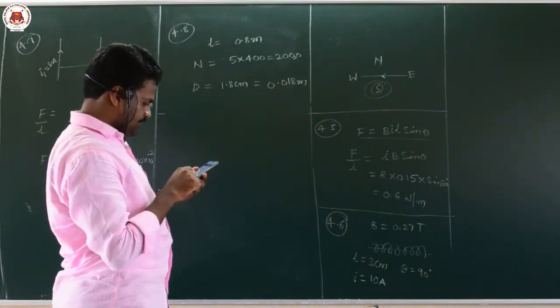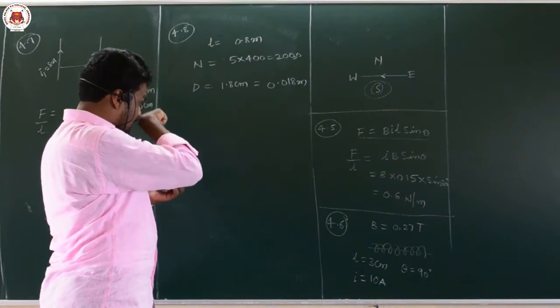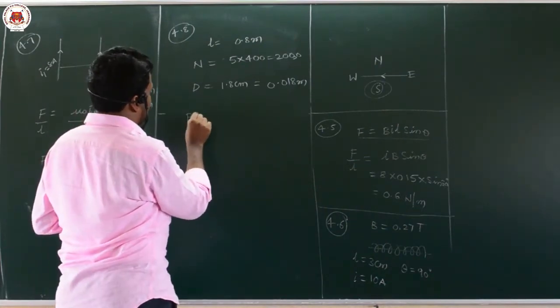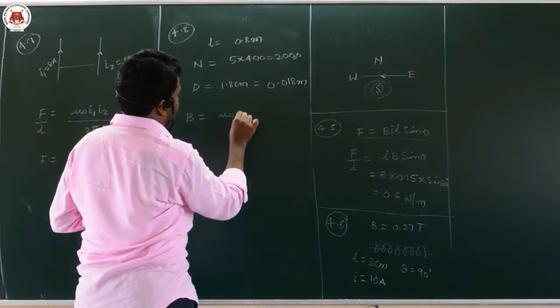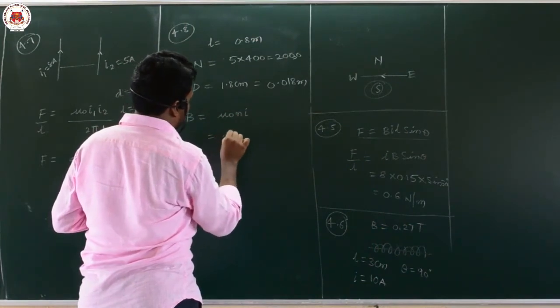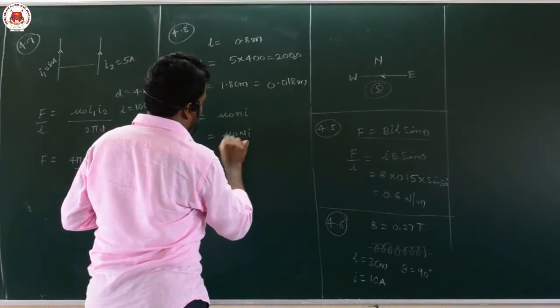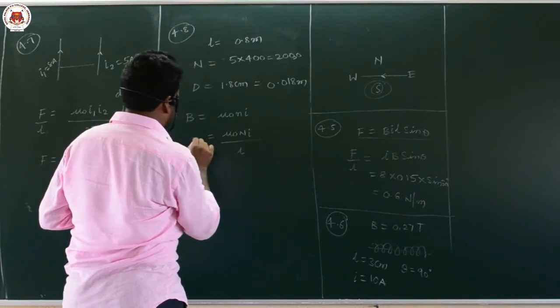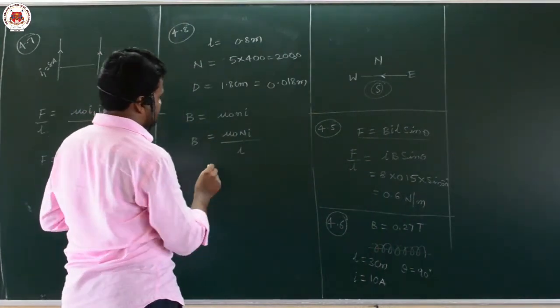And next, magnitude of the magnetic field. Magnetic field formula is mu naught n i, small n i. This can also be written as mu naught capital N into I by L. This is B. So substitute the values.